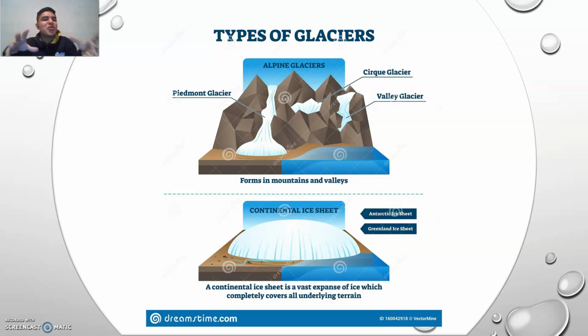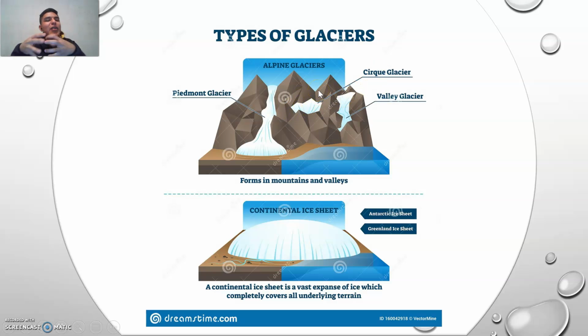Okay, now everything is going to start making sense a little bit better with this picture. So here we have the types of glaciers, and first of all, we have a Piedmont Glacier. As you can notice, this Piedmont Glacier comes right from the top of a mountain, and then it goes all the way to the bottom of the same mountain. That is a Piedmont Glacier. Here we have a Cirque Glacier, which is located right over here at the top.